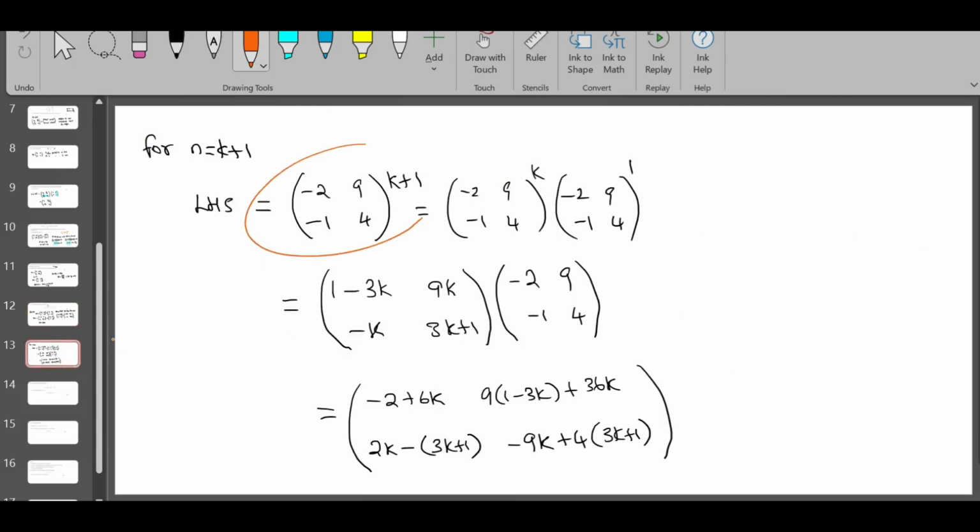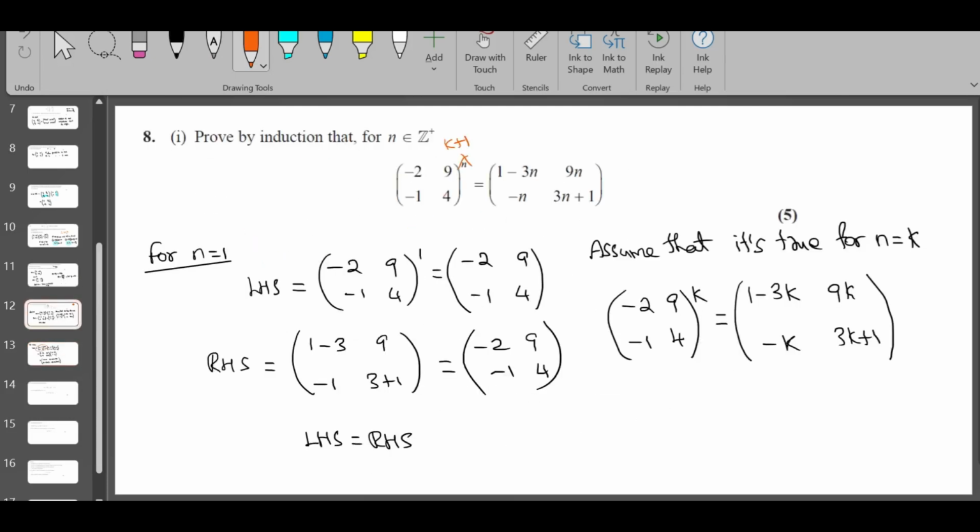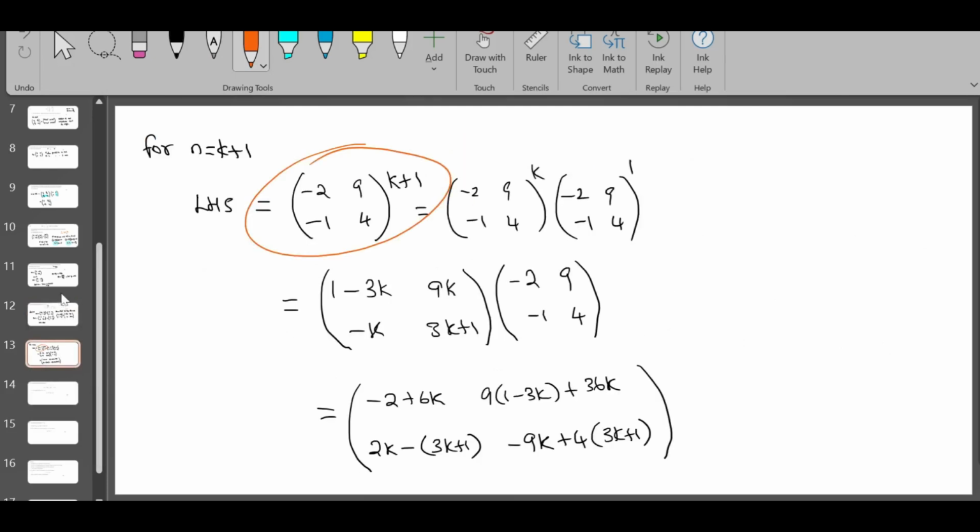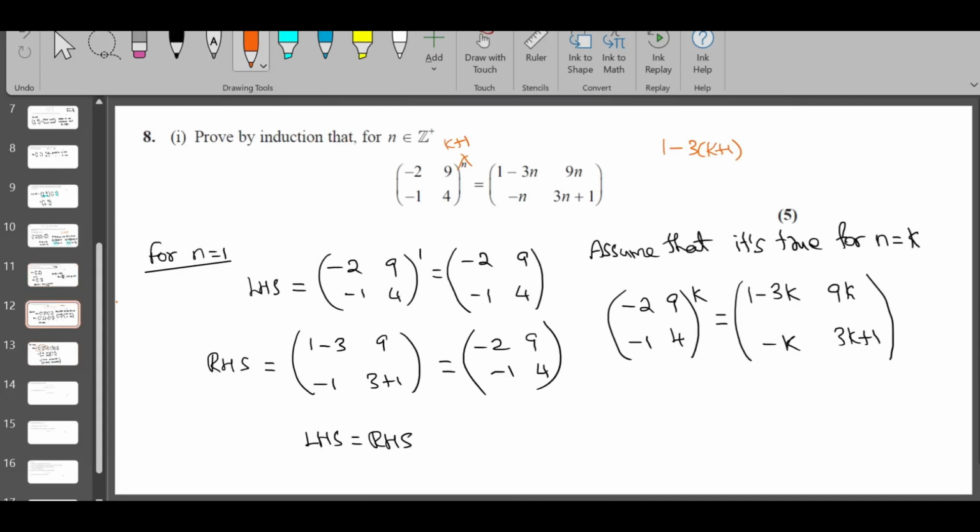We need to prove it can be written as 1 minus 3 times k plus 1, 9 times k plus 1, minus of k plus 1, 3 times k plus 1 plus 1. If you can write it in this form, it looks exactly like this where n is k plus 1. So it's proved already. That's what I'm trying to do here.